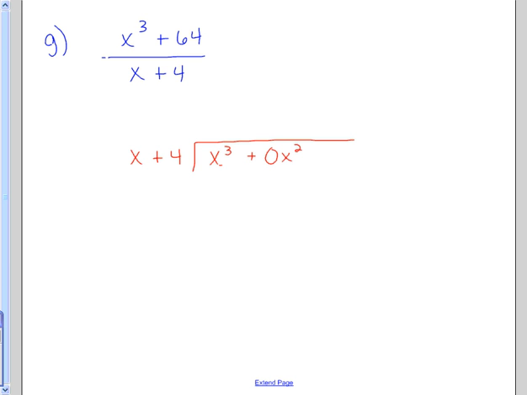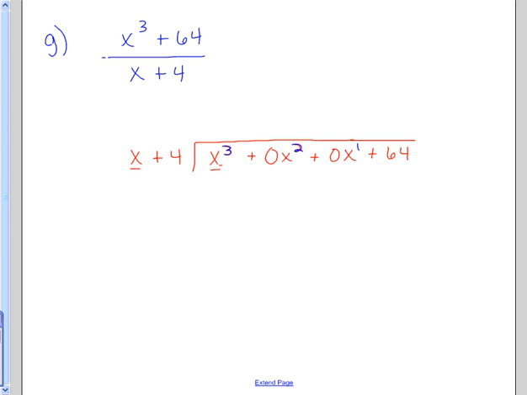So I put 0x squared. I have to have a place for x. And then I put my constant of 64. So you have to literally see this exponent count down. 3, 2, 1, and then your constant. Okay? So we had to put 2 zeros in this time.